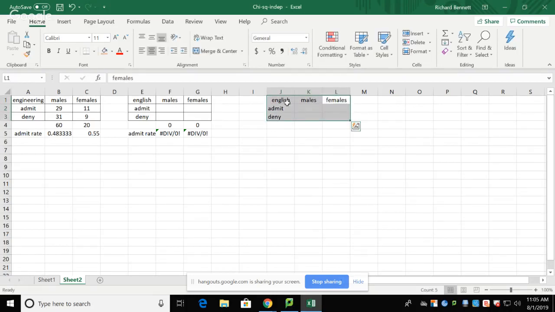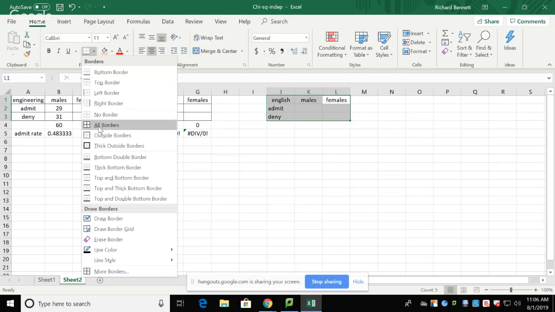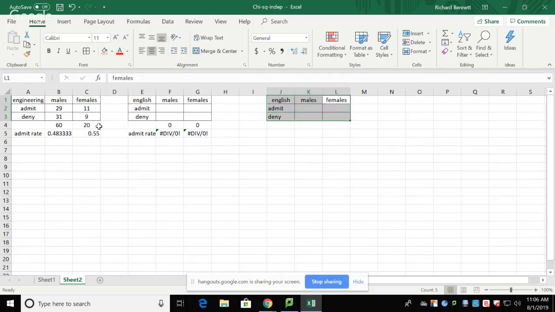Highlight all these cells just like that, then go to insert, and click on this right here and put all borders. Just like I showed yesterday. Yeah, so that's pretty. And apparently you didn't watch that video very closely. You're like, one time was enough. I don't want to go through that nightmare again.